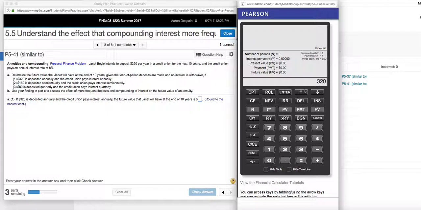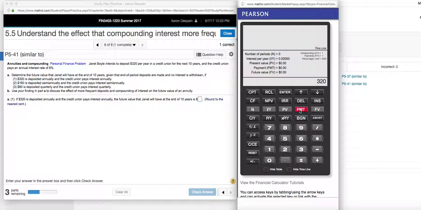But what I like to do as a best practice is enter the negative as the payment, or in problems with a present value, I enter it as a negative for the present value. The reason I do that is because I think about it as money going out of your pocket or out of your account to invest in an account or an investment that you'll receive the principal and interest back in the future.